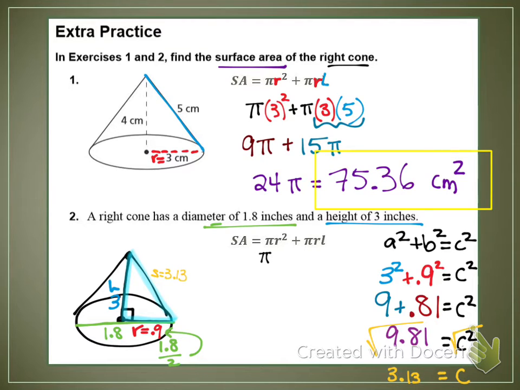We got pi. What is the radius? 0.9 squared plus pi times the radius, which is still 0.9, times the slant height, which is 3.13.